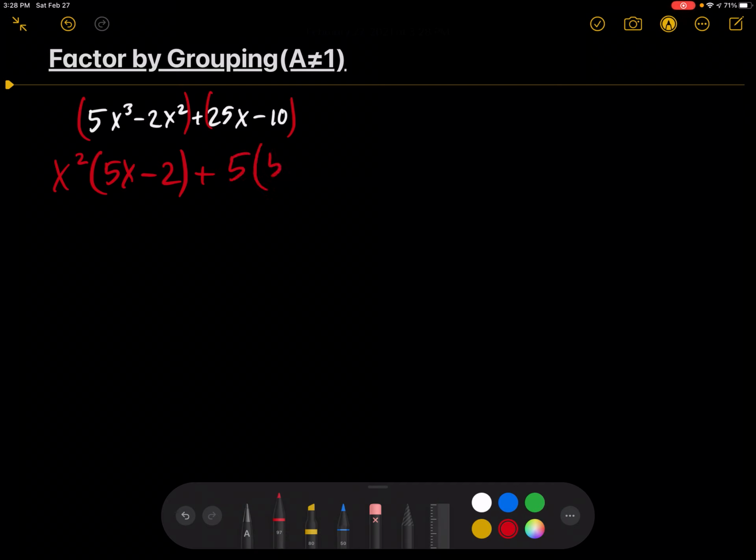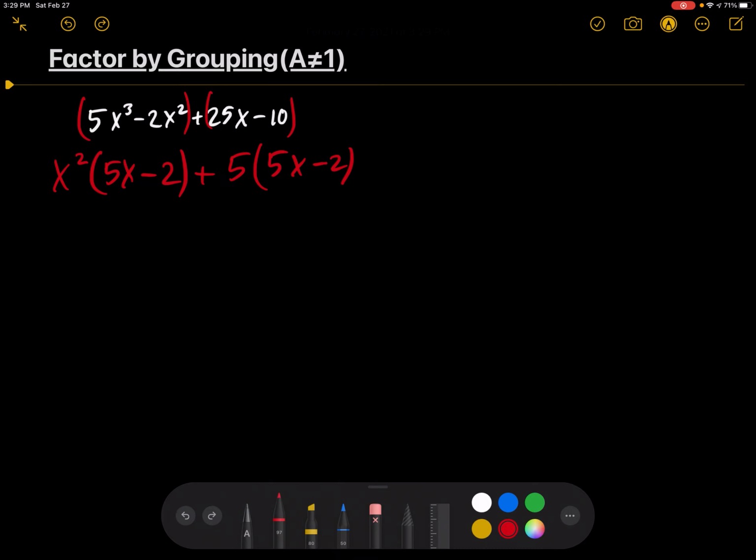It should be 5x minus 2, because 5 times 5x is 25x, and then 5 times negative 2 is how you get the negative 10. So that's just a quick explanation of how I did that.